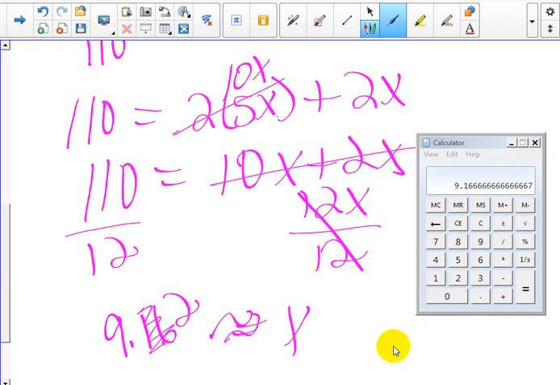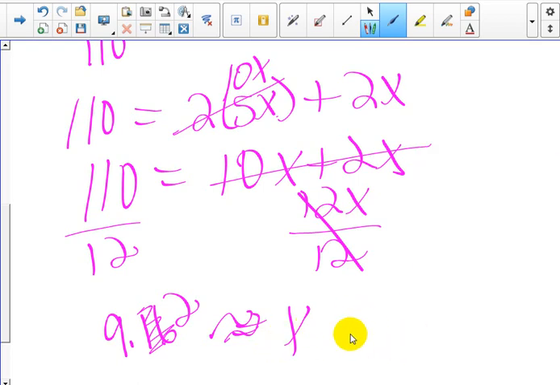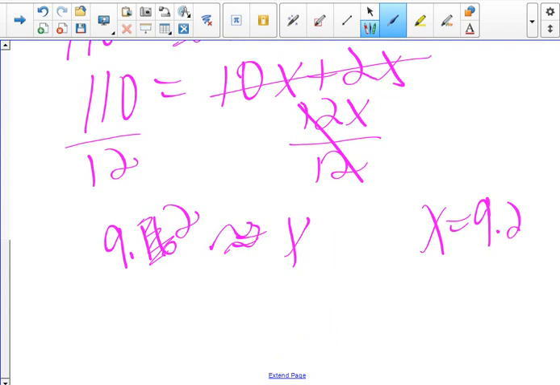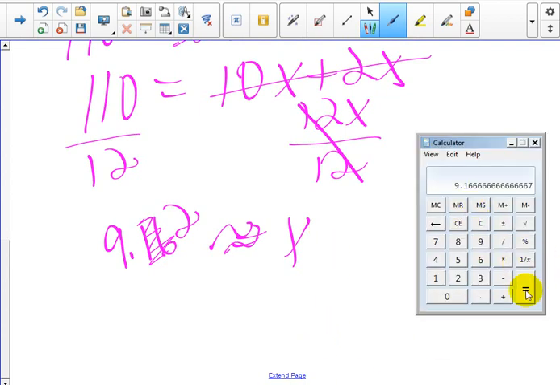Okay? So if x is 9.2, and we said that the length is 5 times that, well, we're going to take 9.2 times 5.